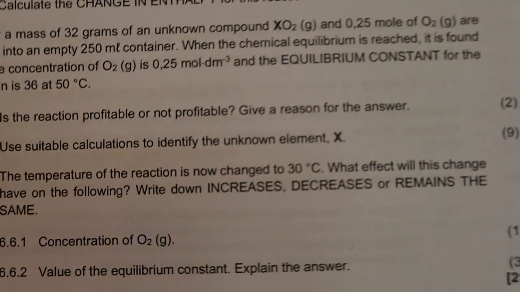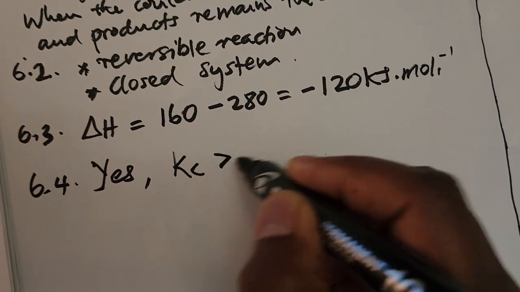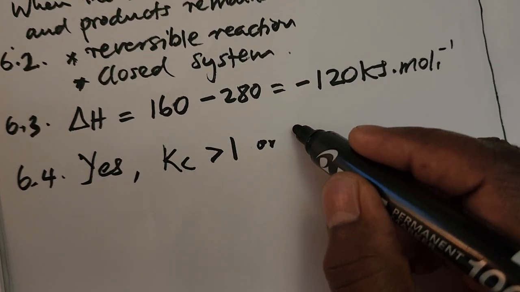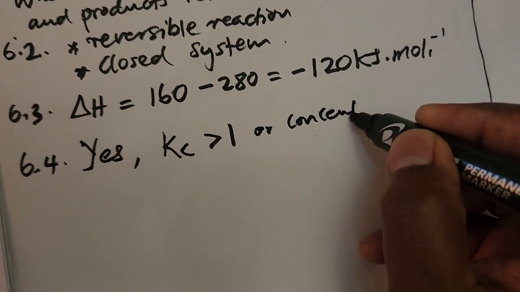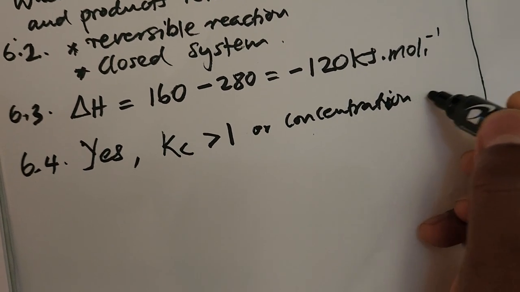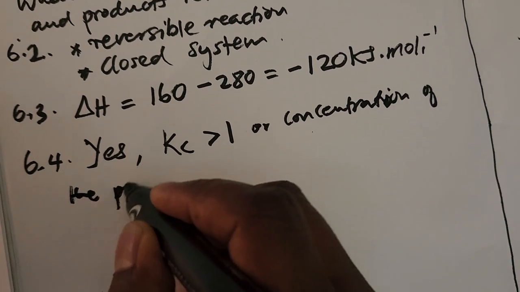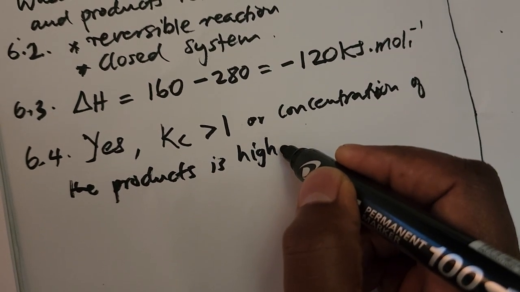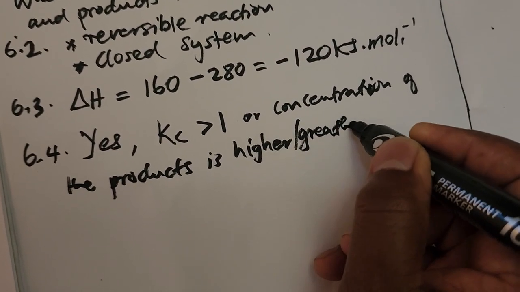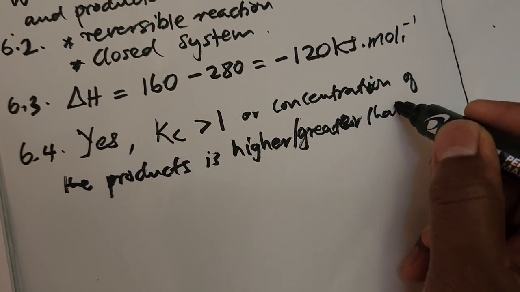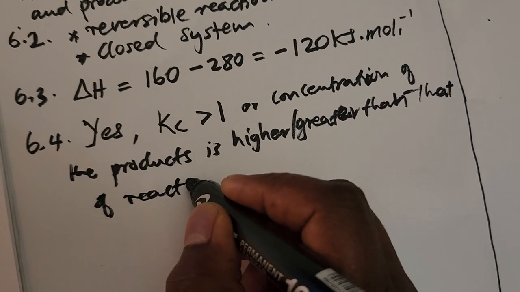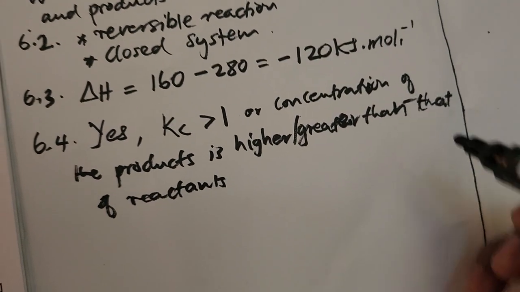And why that is so, it will be simple to say Kc is greater than 1 in this case, or you can say the concentration of the products is greater than that of the reactants. I think that would be also the perfect one.